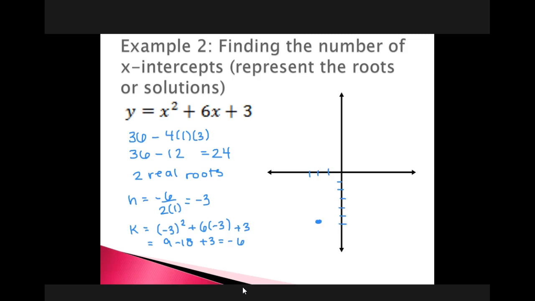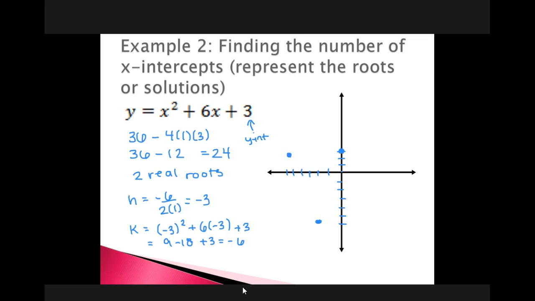And I know that I have a y-intercept, so again, that's my y-intercept. So that means it's to the right 3 and up 3. So that means I also have a point 1, 2, 3 to the left of the vertex.